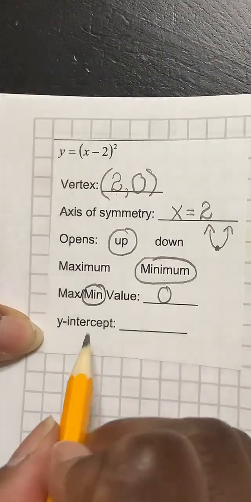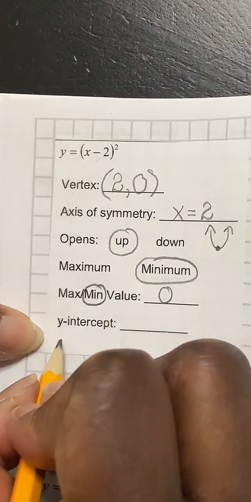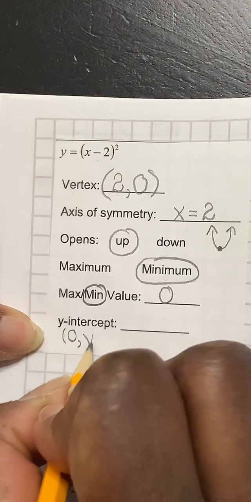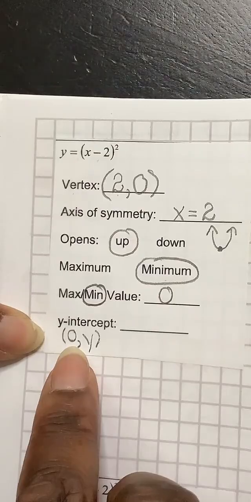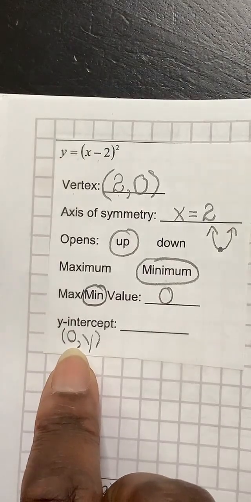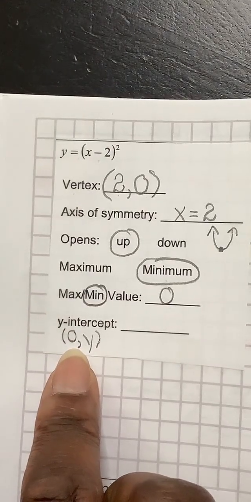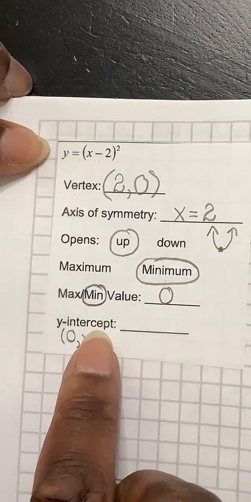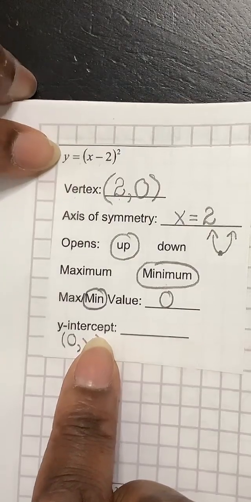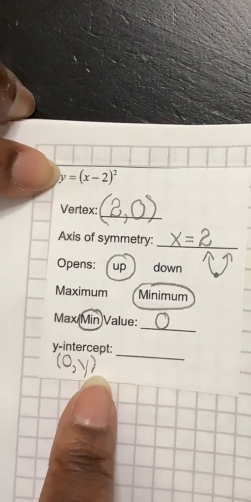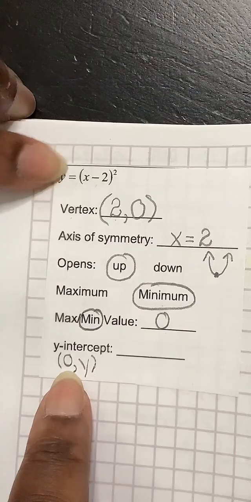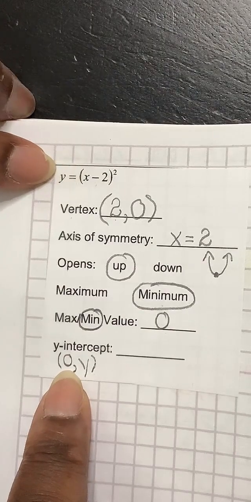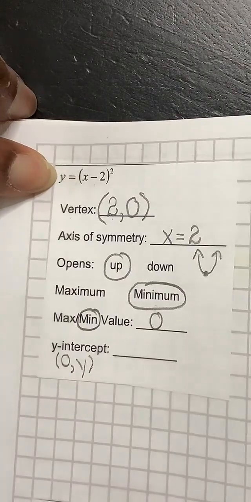So now let's find the y-intercept. The y-intercept is when your x value is equal to 0. So this is when you're going to start solving. We need to find our y-intercept, so we go back to the equation and substitute the x with 0 so we can figure out what the y value is.